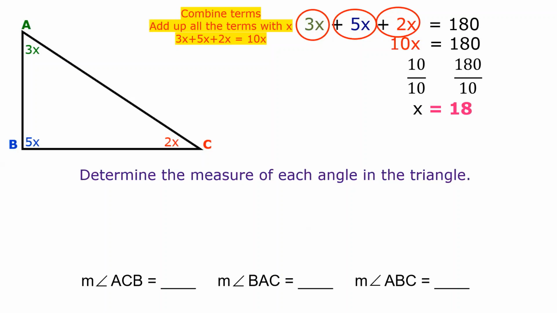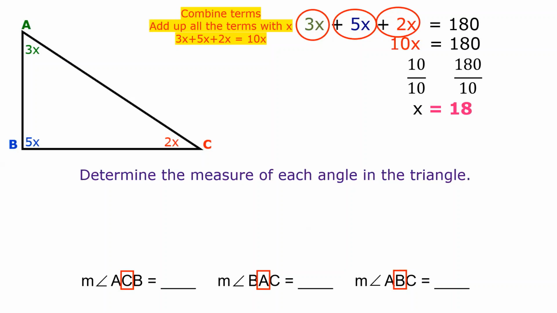If you look at the bottom of your screen, it says measurement of angle ACB, measurement of angle BAC, and measurement of angle ABC. Every time you read three letters, you look at the middle letter, and it tells you which angle they're looking for. So on the first one, they're looking for angle C.